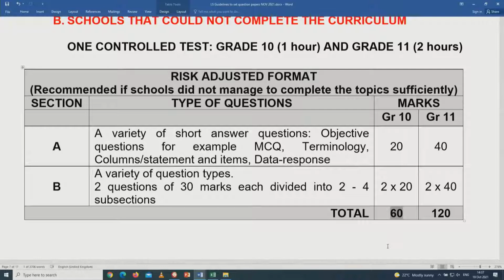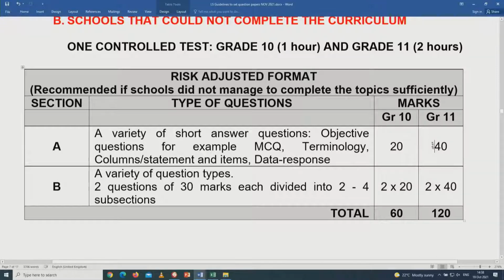Now each of those 20 in section B, of course, will be divided into subsections. 2.1, 2.2, and let's say 2.1 is a graph. And then you have 2.1.1, 2.1.2, 2.1.3, 2.1.4 on that graph. That's a subsection that we refer to. 2.2 will be the second subsection.